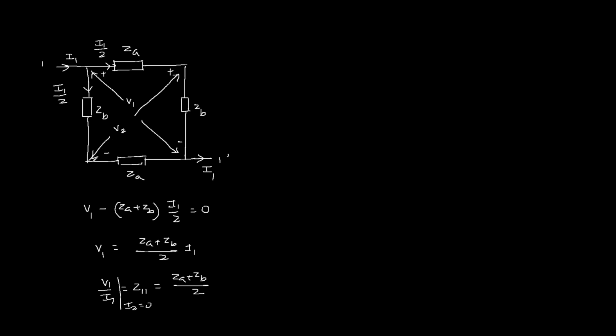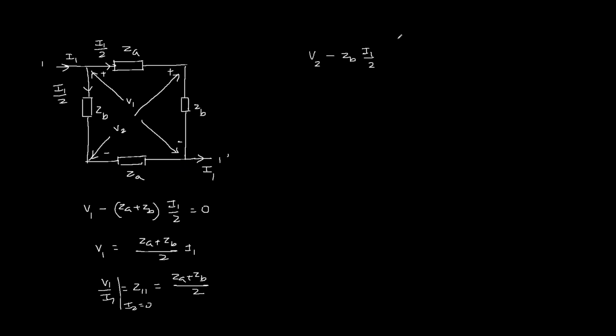For Z21 we will apply KVL in this path: rise in voltage V2 and drop across ZB and ZA. So rise in voltage V2, and the voltage drop across ZB is ZB I1 by 2, and here there is a rise in voltage because the current is coming in this direction.